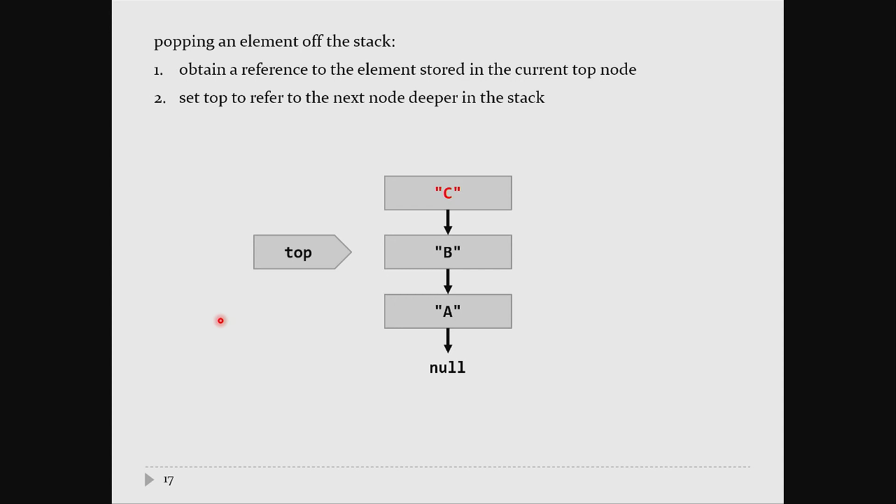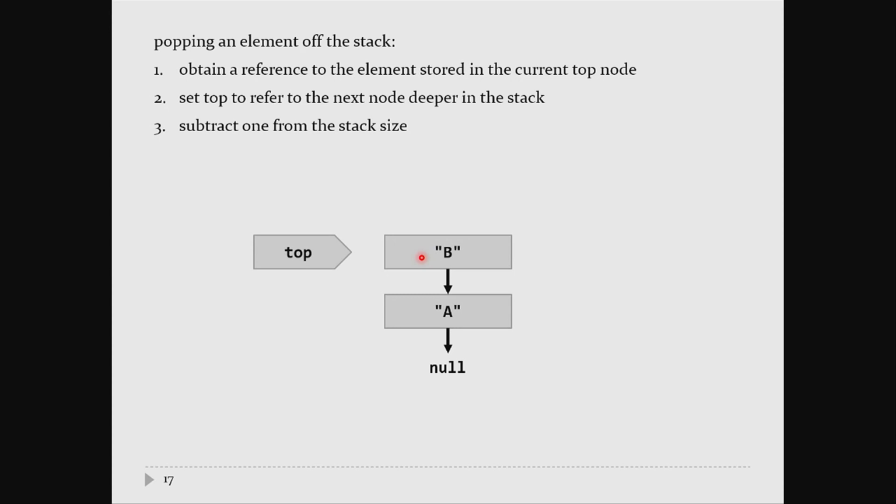Now that node there no longer has any references pointing to it. The only reference that ever points to a node is either top or another node. So this node points to the A, top now points to the B. There's nothing pointing to the C anymore, which means the garbage collector can come along and get rid of that node. It may not happen immediately, but it will happen eventually. So that node now disappears.